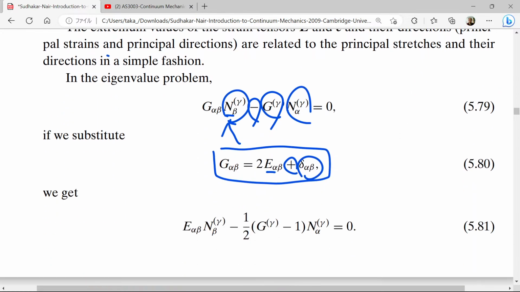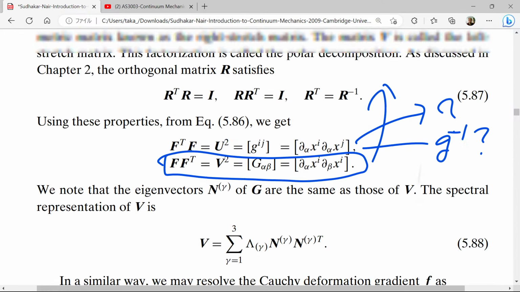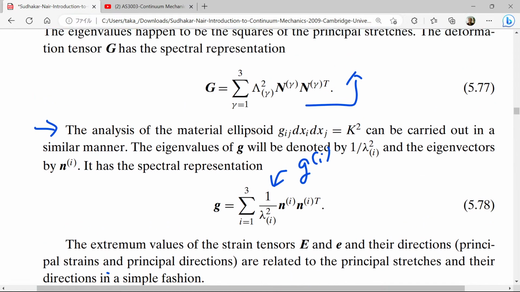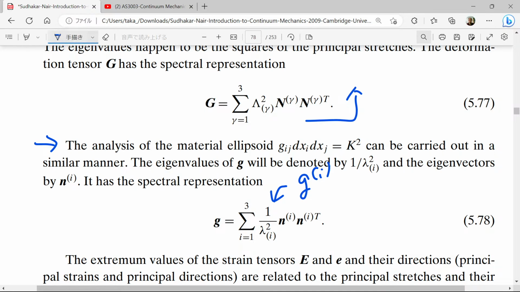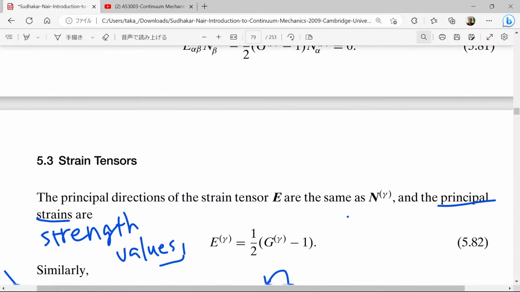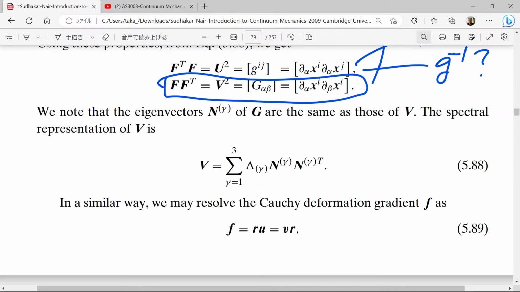G. Interesting. For G, this is lambda squared, right? And the spectral decomposition of V is lambda, not squared.